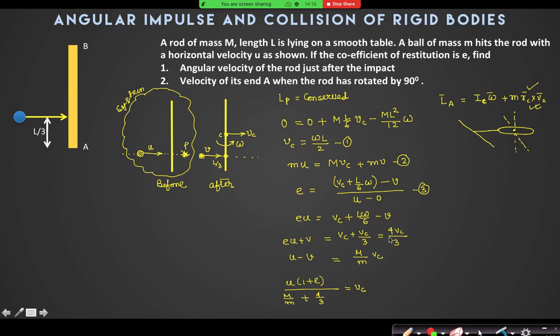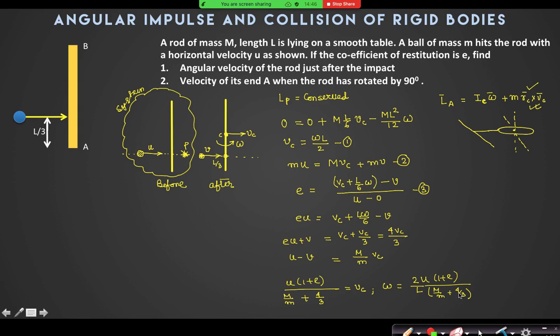If I add these two, 4 by 3 plus M is equal to EU plus U. So Vc I have got like this. If I know Vc, I can find omega. Omega is equal to 2 by L, Vc, 1 plus E divided by M plus 4 by 3.